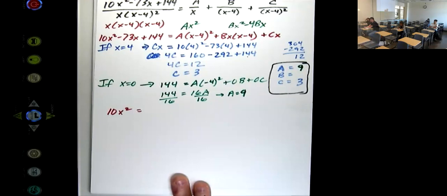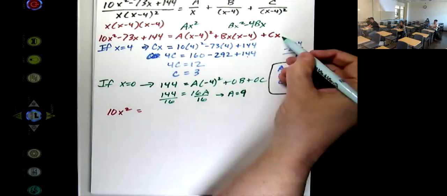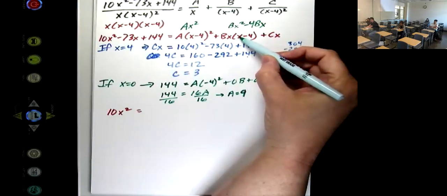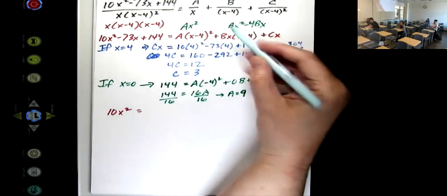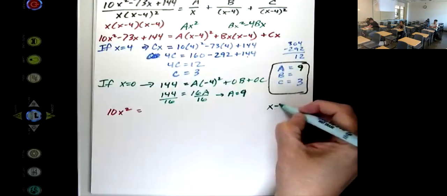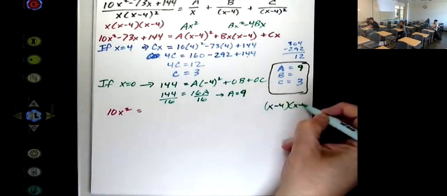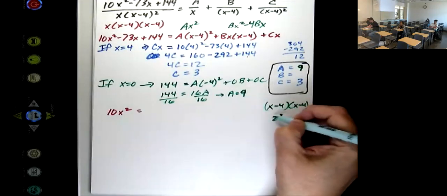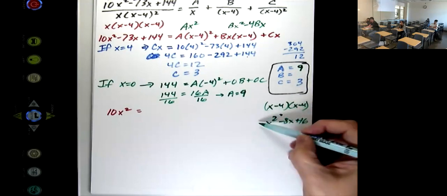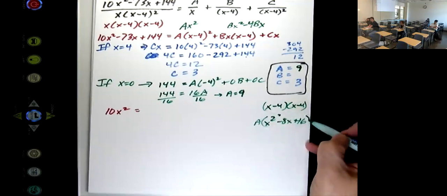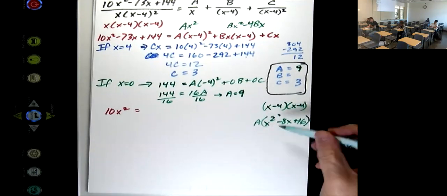The idea here is to save yourself some work. There's no x squared here. We already know that there's a bx squared here. And this is x minus 4 times x minus 4. You got x squared minus 8x plus 16. And there's an a on the outside. So I'll have an ax squared there.